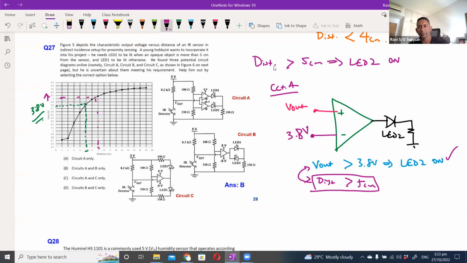They're both the same here. So circuit A is working based on our requirement.